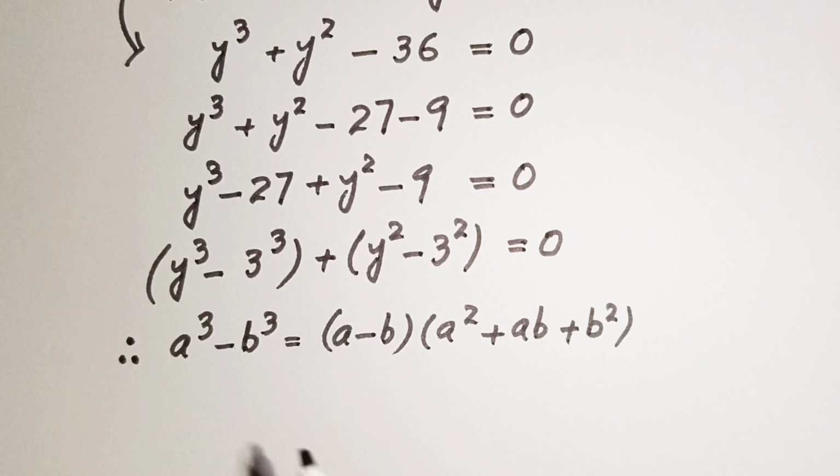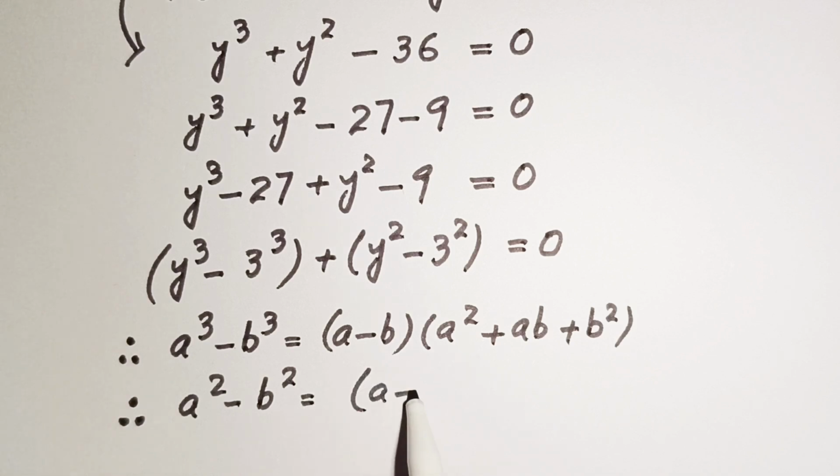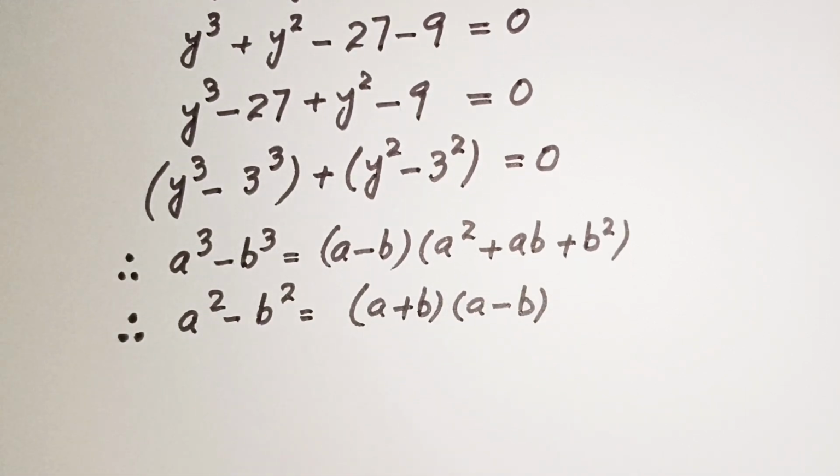Similarly, we have another interesting formula, that is a squared minus b squared is equal to a plus b times a minus b.